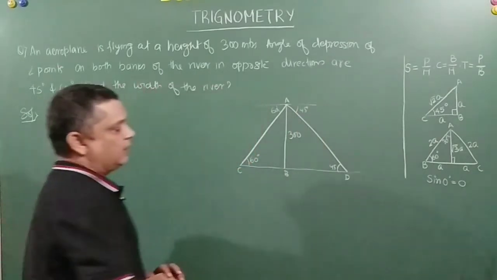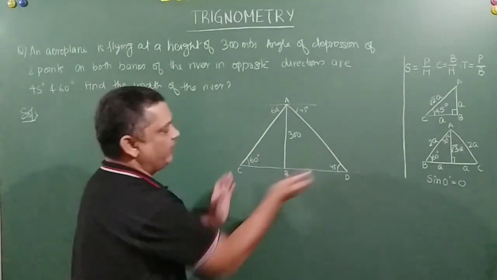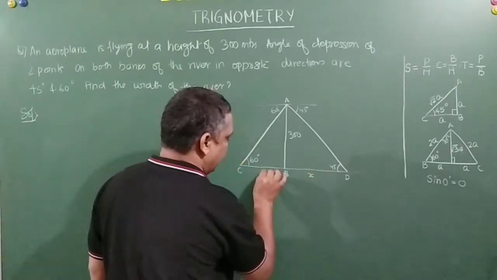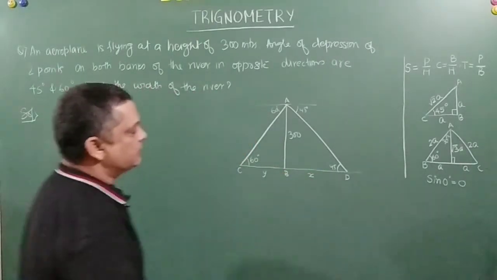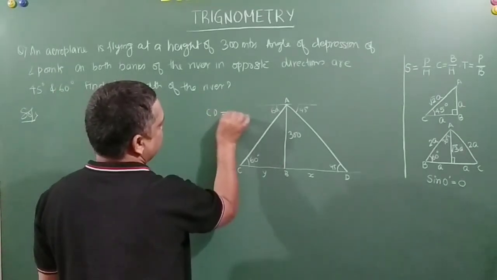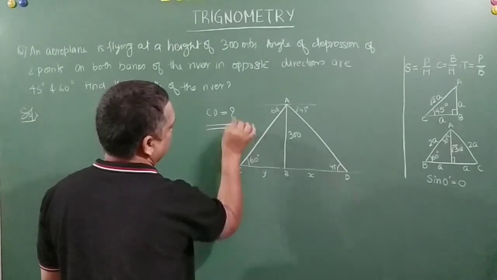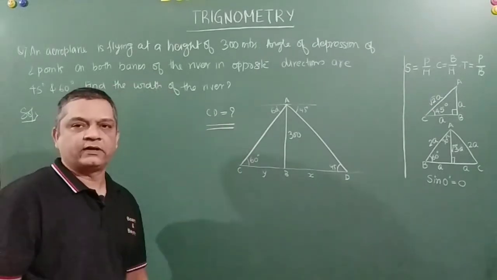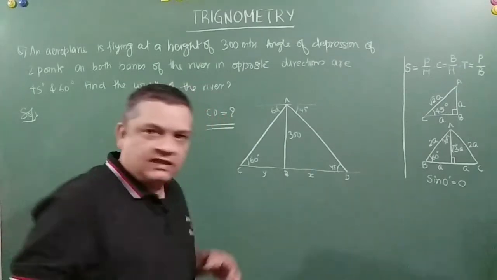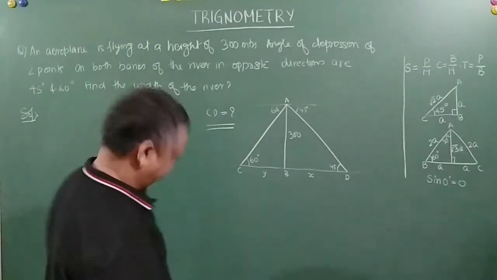Right. Now we are expected to find the width of the river. Okay. So let's consider this as X and this as Y. So we are expected to find CD is equal to what? This is my width of the river. You are getting the point? Okay. So CD is in fact nothing but X plus Y. Correct?